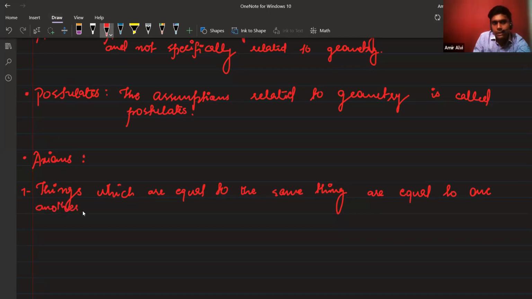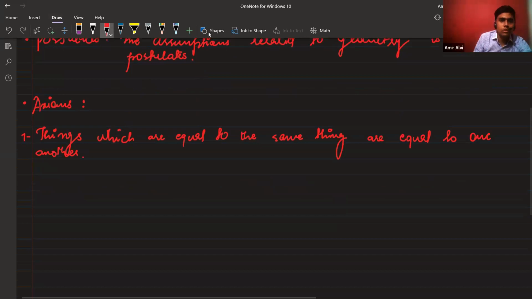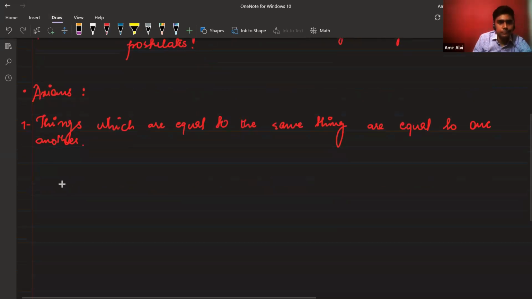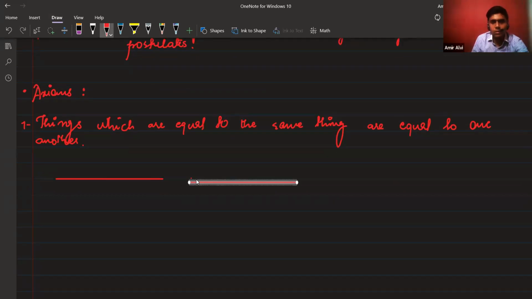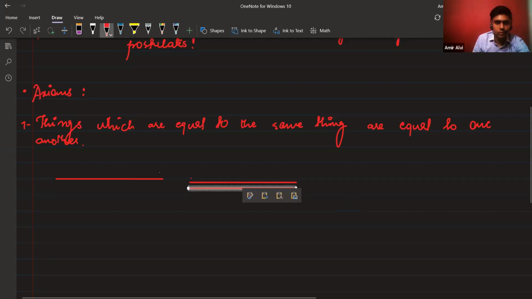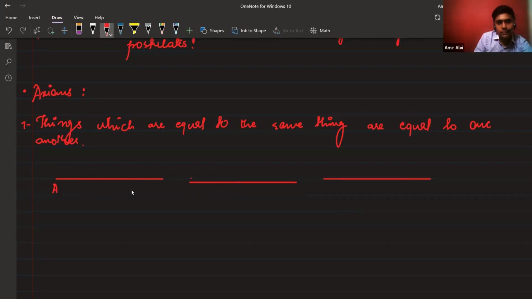What does it mean basically? It's saying that suppose you have three lines. This is AB, this is PQ, and this is RS.